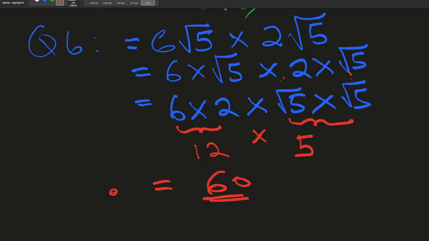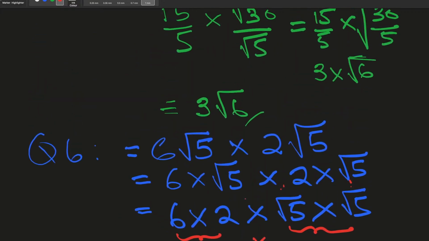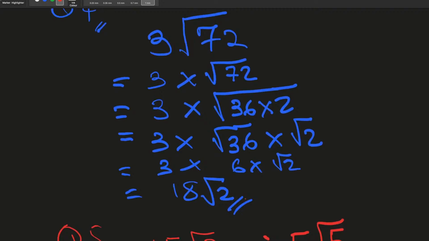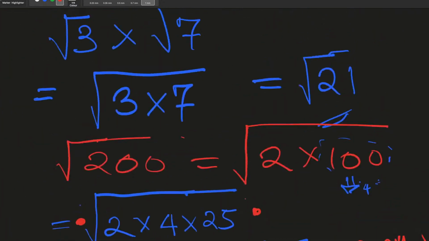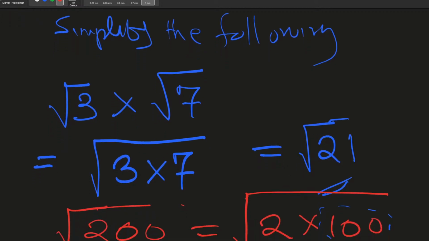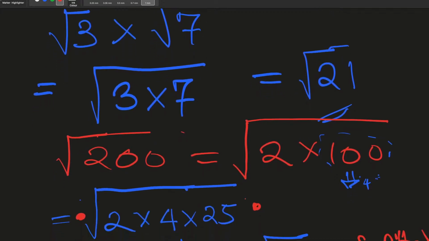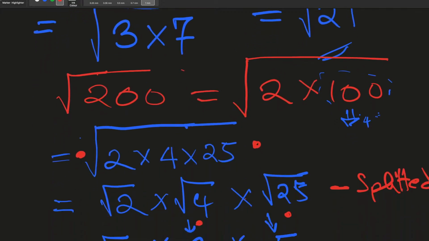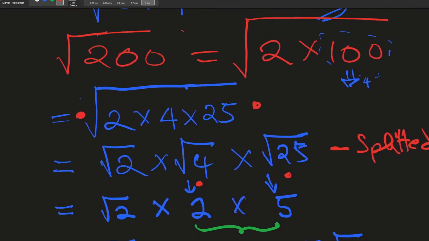Okay, so that is where we will finish with this breakdown of surds. As we saw earlier, our first question given was 3 root 7. Okay, and we know we have to split it. In the previous one we had root 200.